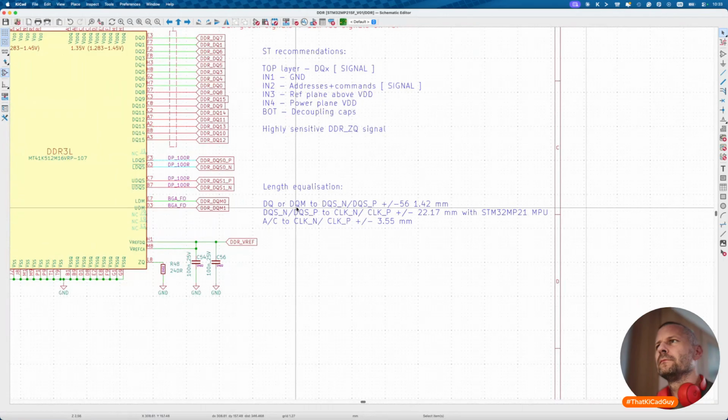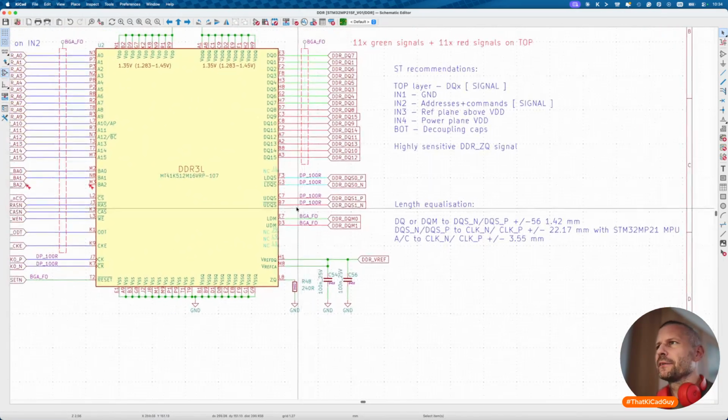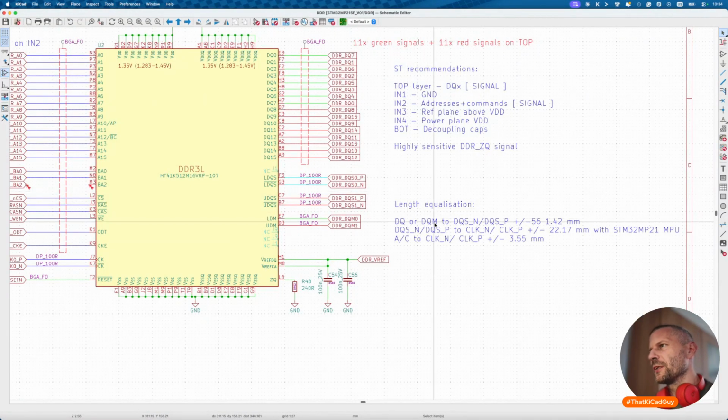DQ to DQS, so data signals to data strobe signals.